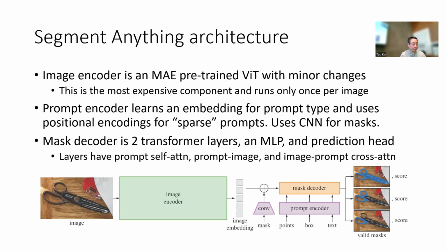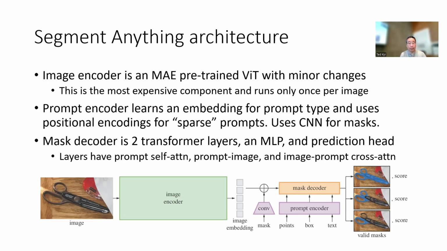You do those 3, and you just do that twice. And that's enough to then have an MLP and prediction head that outputs a vote for every single pixel to say whether or not that pixel is part of this particular prompt. And then you have 3 prediction heads because you're doing 3 things.